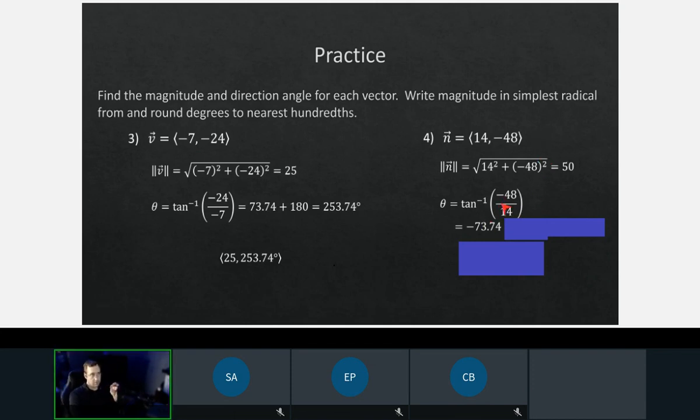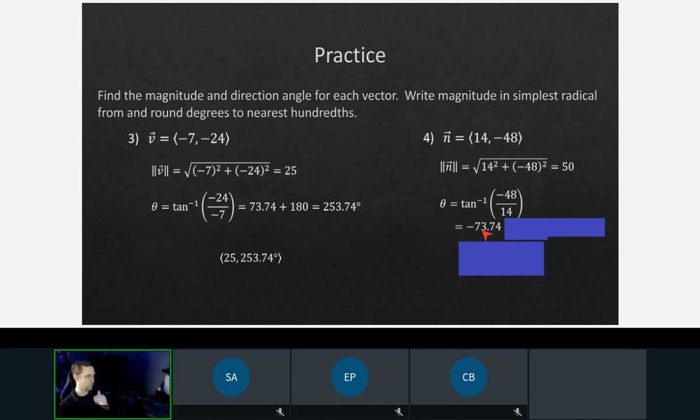And don't forget the negative here. If you typed it in wrong, you probably didn't get a negative 73. You probably got something else, maybe a positive. So typing it in right, you get negative 73.74. And because it's negative, rather than rotating counterclockwise, which is the positive direction on a unit circle, we rotate clockwise.